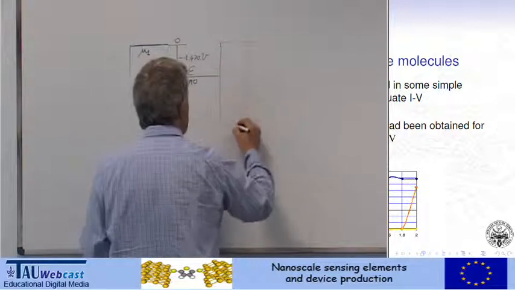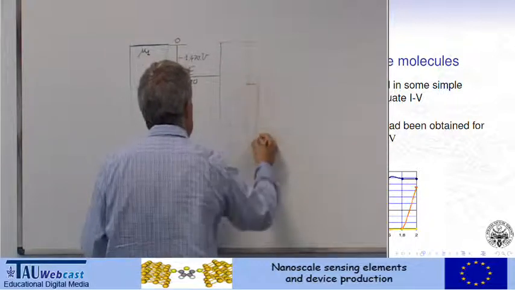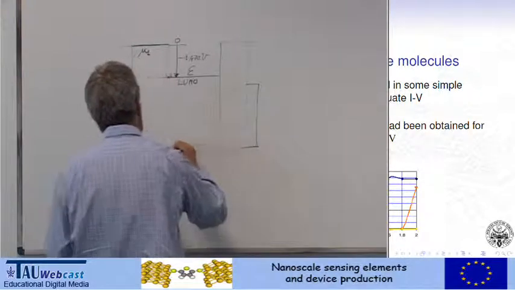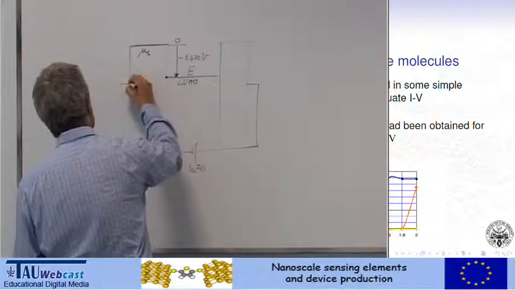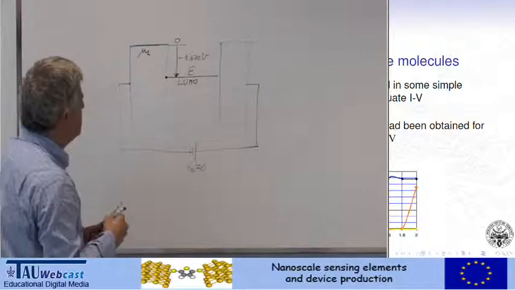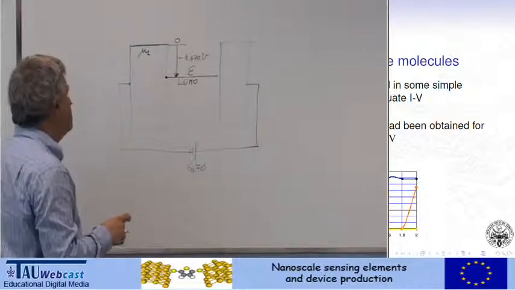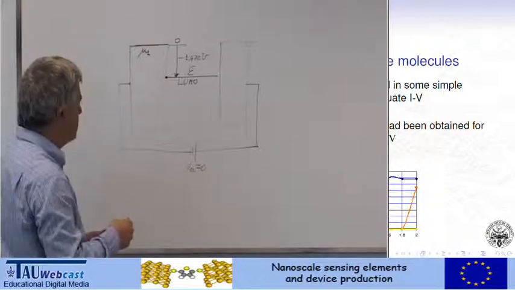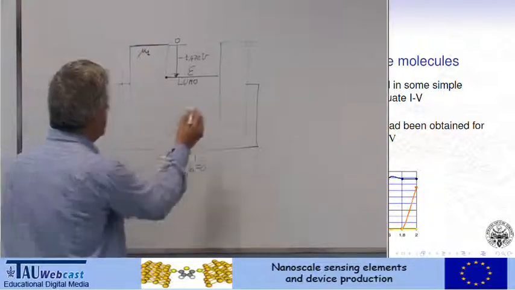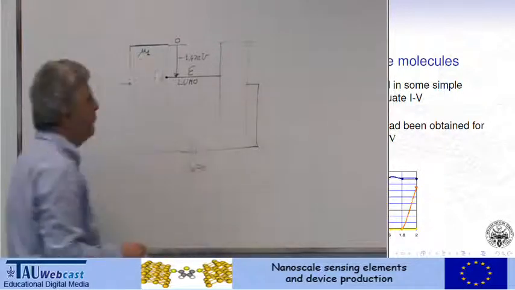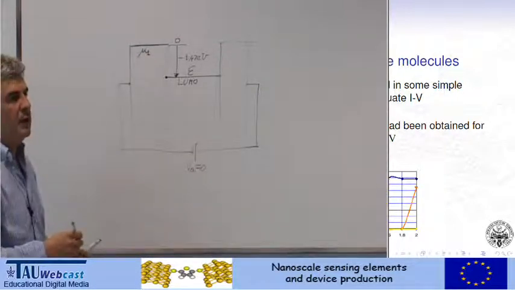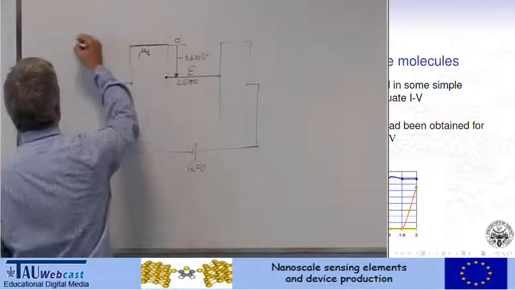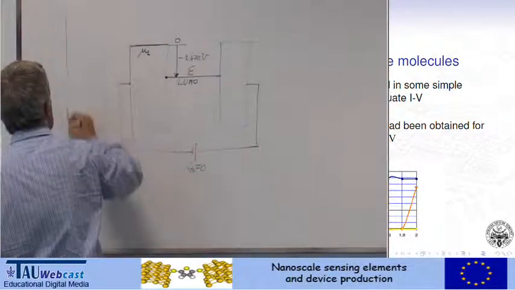So what we have is, when the system is at equilibrium, applied voltage equal to 0, VA equal to 0. The system is described by this condition. Now, for you, it's evident that the current will be 0, because the distribution function here, as you know, we can try to draw.